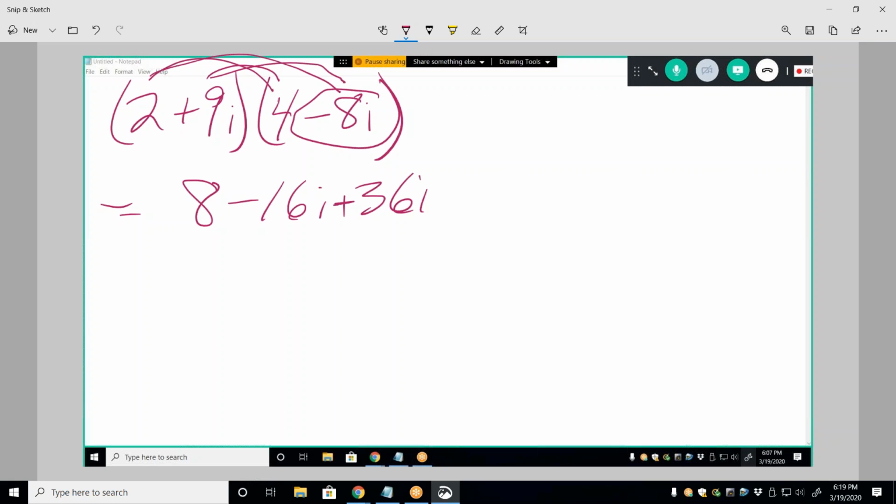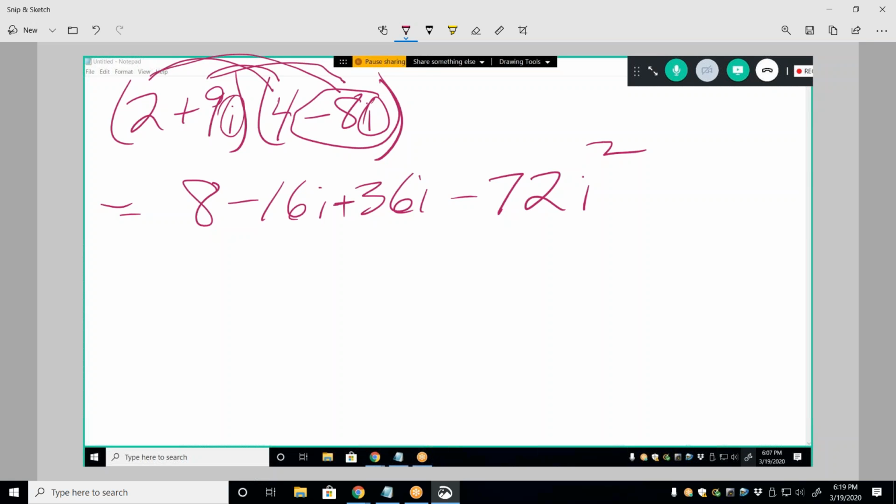And what's the last term? The last, L-A-S-T? That'd be negative 72i squared. You do have to multiply the i times the i also.